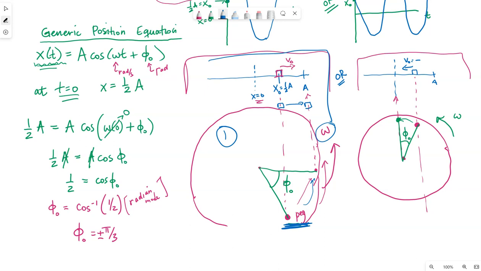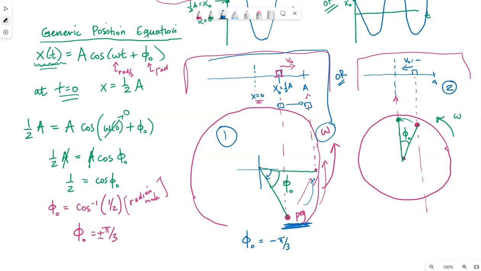Since if we think just in terms of a coordinate system, an angle down from that positive x-axis is a negative angle. And so phi naught, this phase shift, would be negative pi thirds.